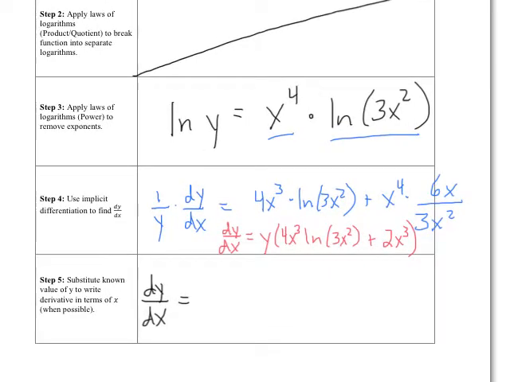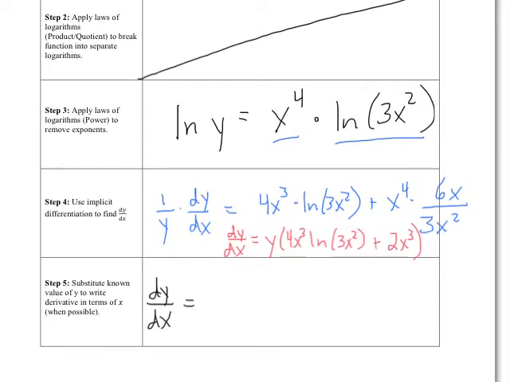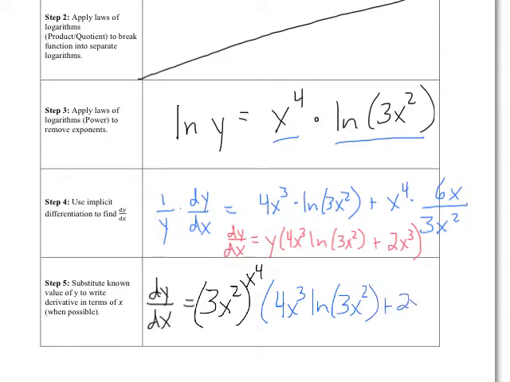So we write (3x squared) to the x to the fourth, and we multiply that all by 4x to the third ln of 3x squared plus 2x to the third. Alright, there we go. There is logarithmic differentiation, and as you saw, one of the steps in logarithmic differentiation was implicit differentiation.